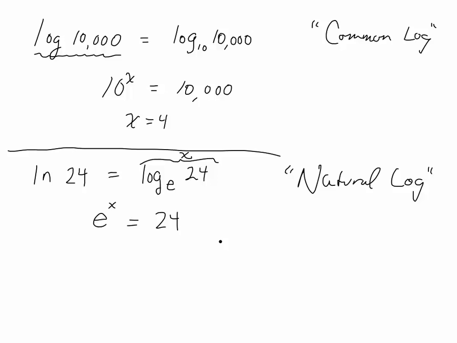So these are the most frequently used and prevalent bases for logs. Your calculator has buttons for each of these. Most of you have the TI-83 or whatever. On the left-hand side, you've got just the log button and then the ln button.